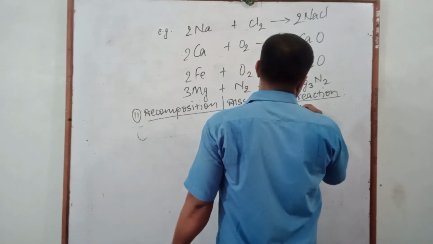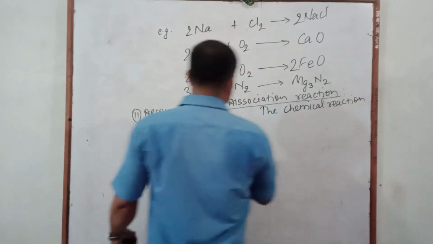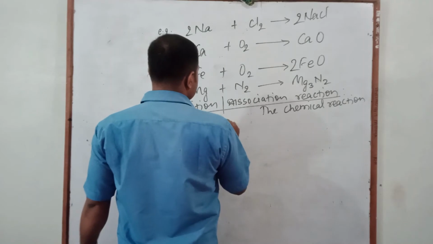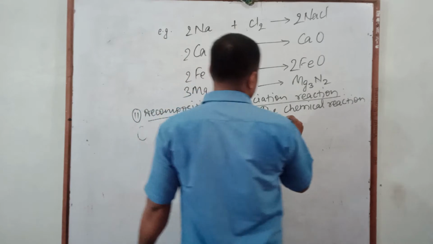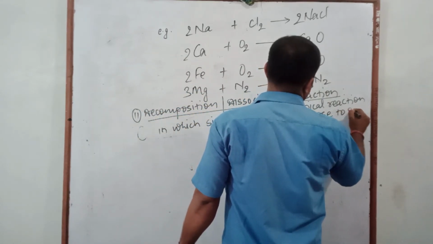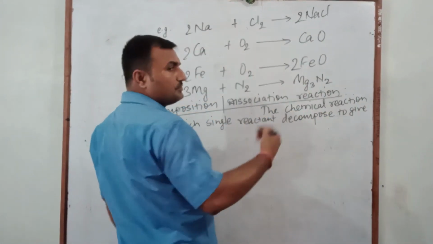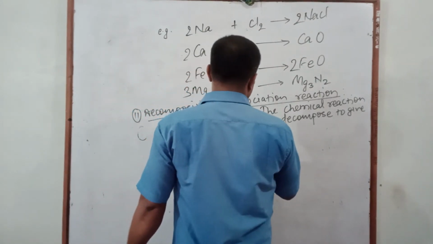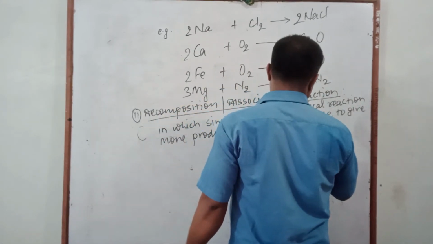The chemical reaction in which a single reactant decomposes to give more products, more than 1, 2, 3, 4, is called decomposition reaction.